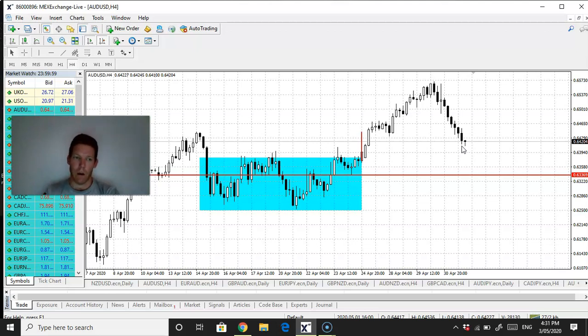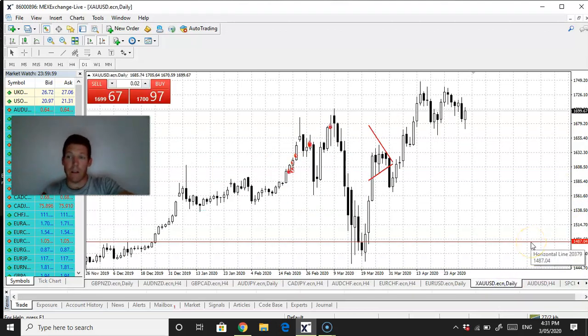The stock market was lower on Friday, in both Australia and the US as well. Euro also moved pretty strongly. I just want to see what gold did, which hasn't been a really great barometer of risk, but it looks like it did push a little bit higher after Thursday's sell-off, which was quite a substantial candle, with a high of 1721 and a low of 1681.